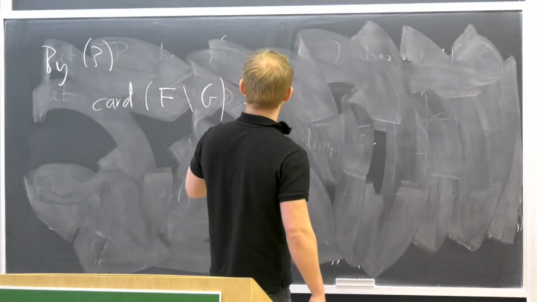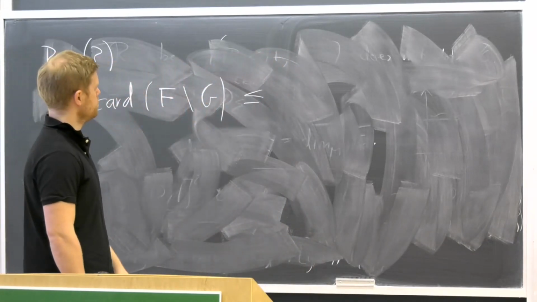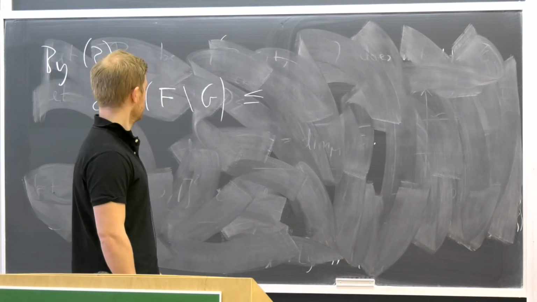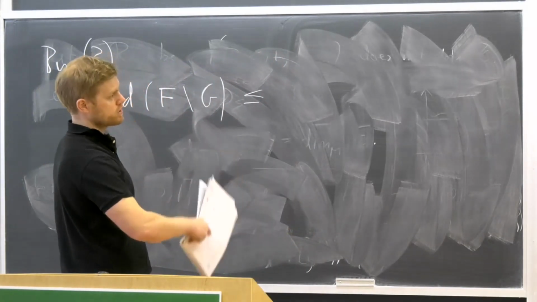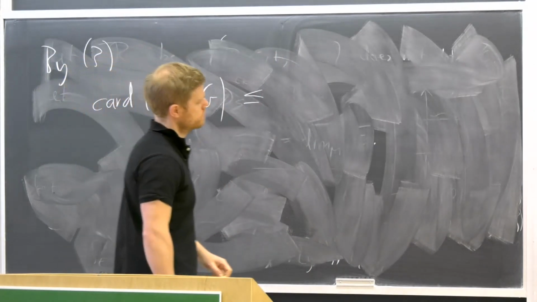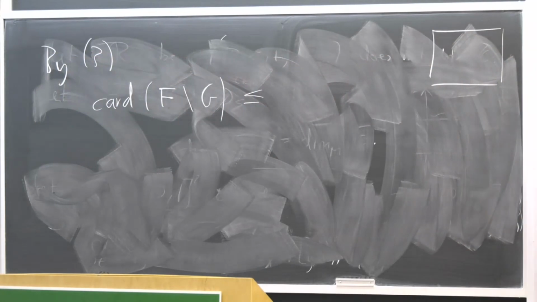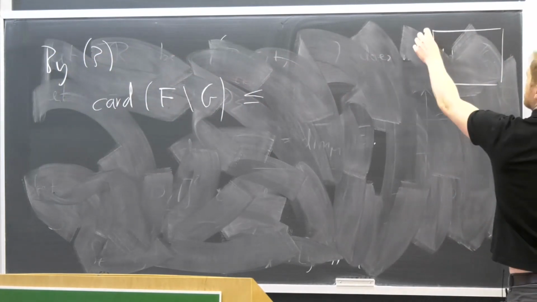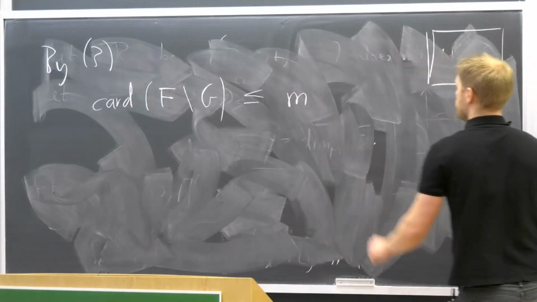So what we can do, we can definitely bound the number of boxes. Remember, if you have the set like this, we simply take in this direction all boxes of size at most m.